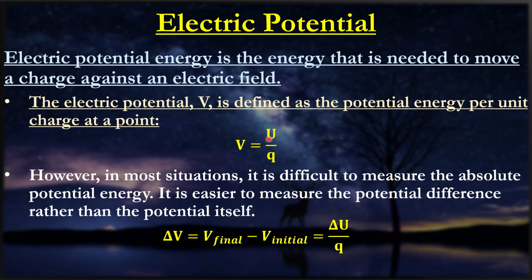This is what we have here. However, generally it's actually quite difficult to measure the actual potential energy of a given particle at a given point in the electric field. So it tends to be a lot easier to measure the potential difference rather than the potential itself. And so we rewrite it like this. Okay? So we're saying that the potential difference is equal to the change in potential energy divided by the charge.